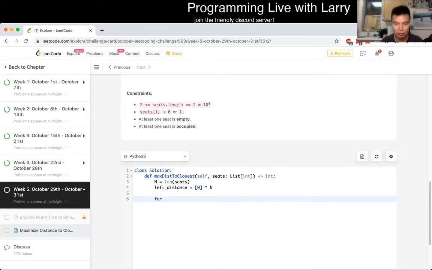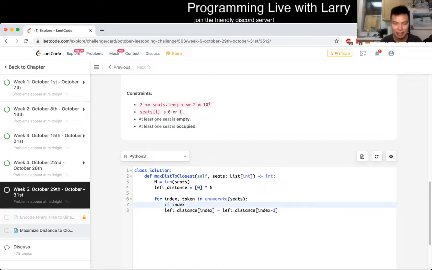So now we go for index, taken in enumerate seats. Then left distance of index is equal to left distance of index minus one plus one, or maybe I could phrase this another way.